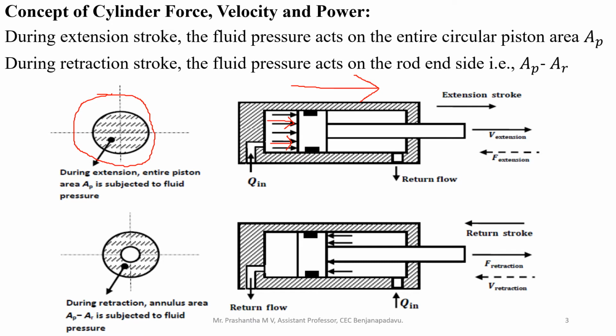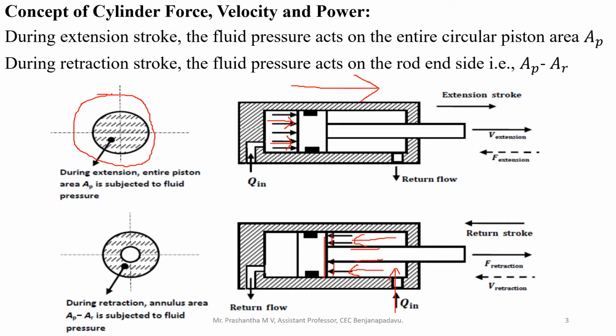In this case the inlet happens from this direction and the flow acts like this on the rod end side. In the rod end side, only this small area is subjected to pressurized fluid. This area is called the annulus area. Here the annulus area means the area of the piston minus the rod area.